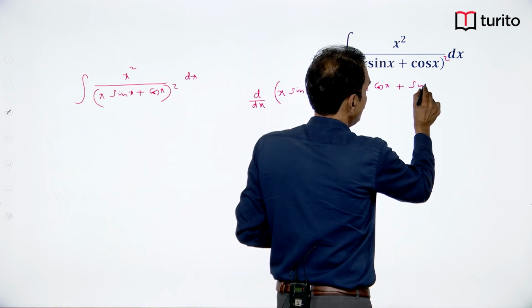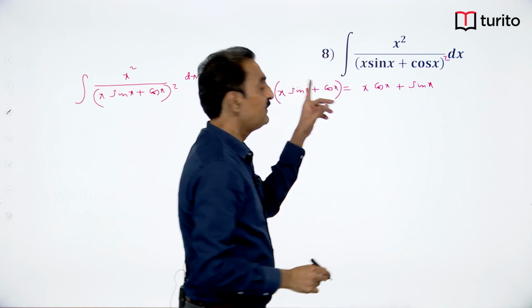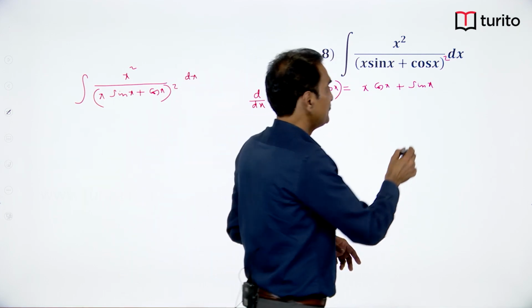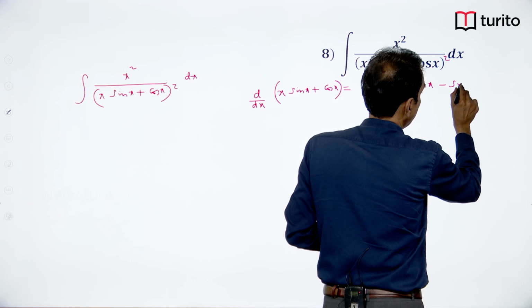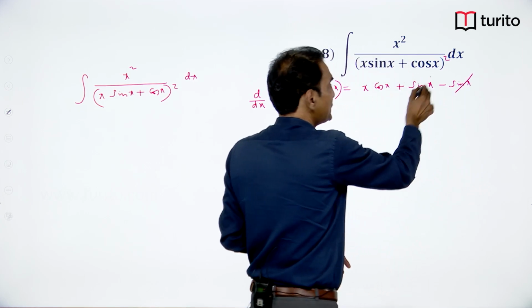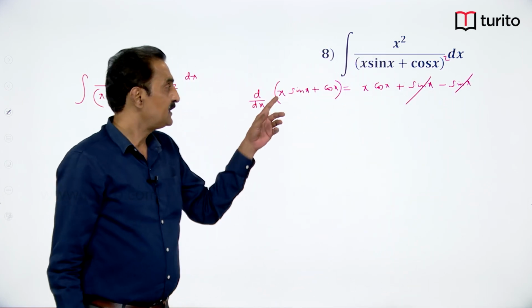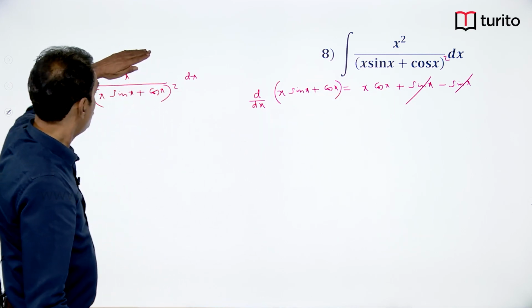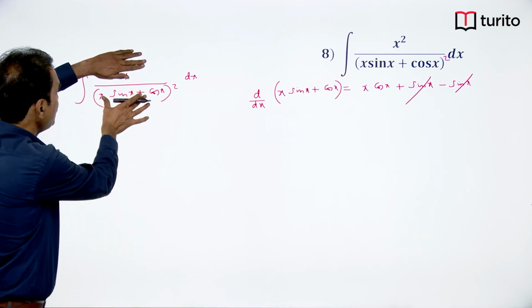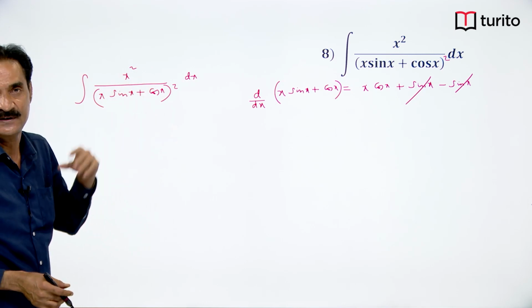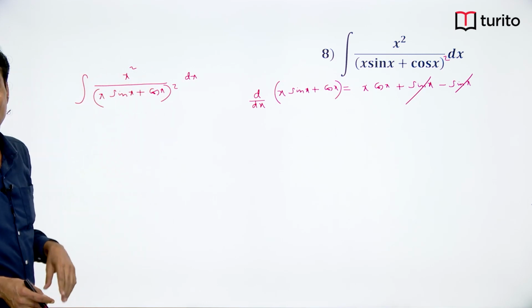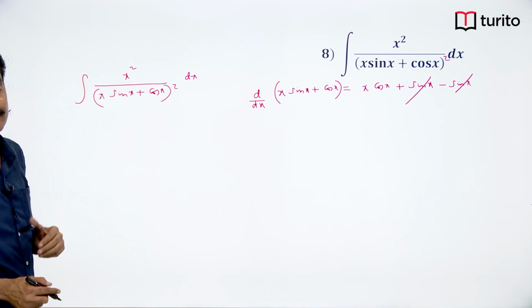So plus sin x, derivative of cos x is minus sin x. Then sin x cancels, derivative of this is x cos x. If numerator is x cos x, directly we can substitute this as t and solve it. But numerator is x square, that is the problem.